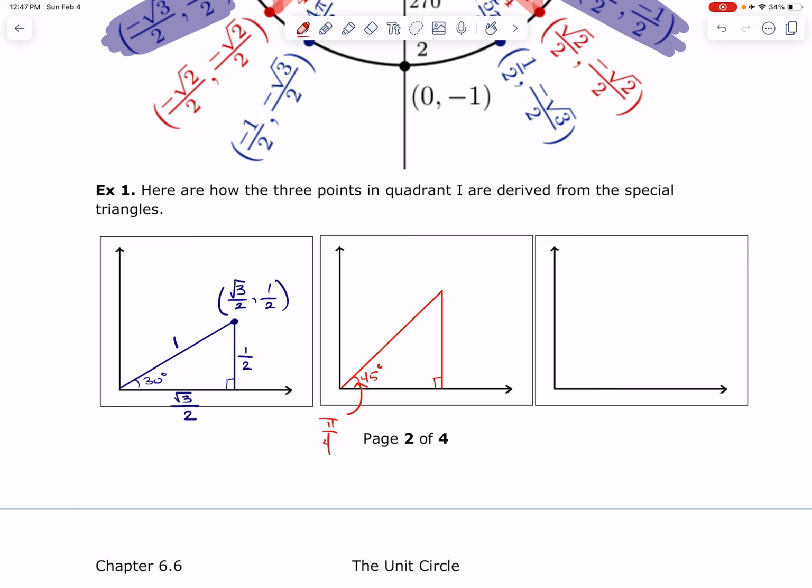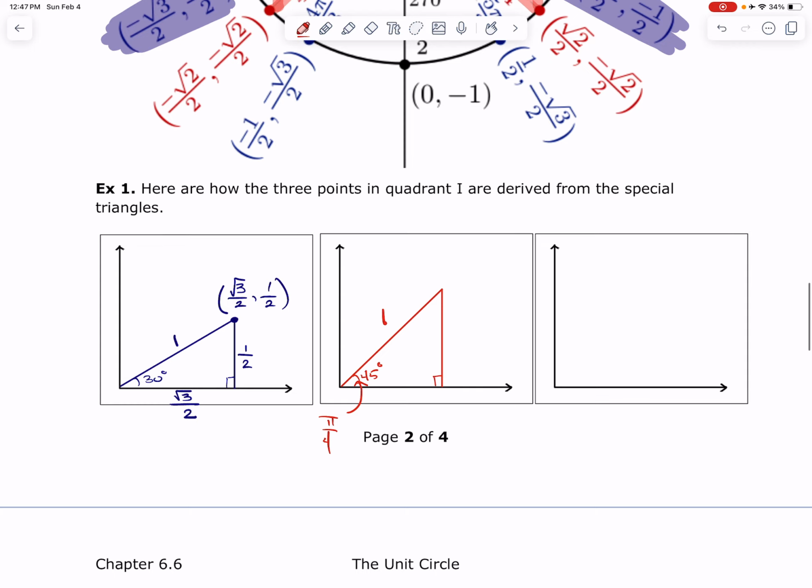I'll fix the one to the left in just a minute. With a radius of 1, we have an opposite side of square root of 2 over 2 and an adjacent side of square root of 2 over 2. So this point at the end of that 1 unit hypotenuse is square root of 2 over 2, square root of 2 over 2.